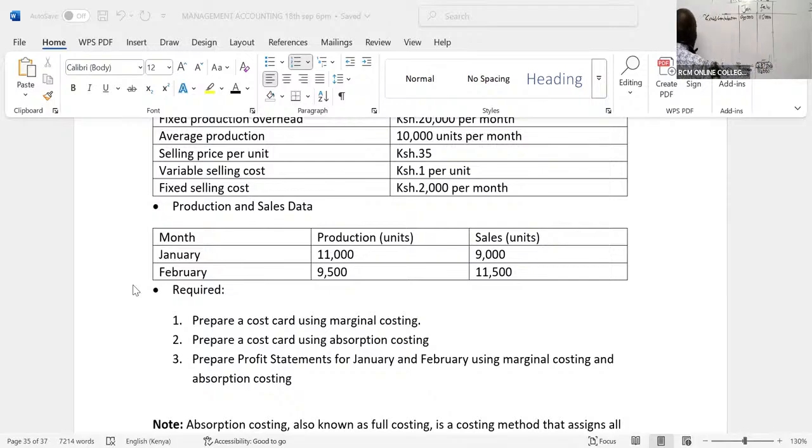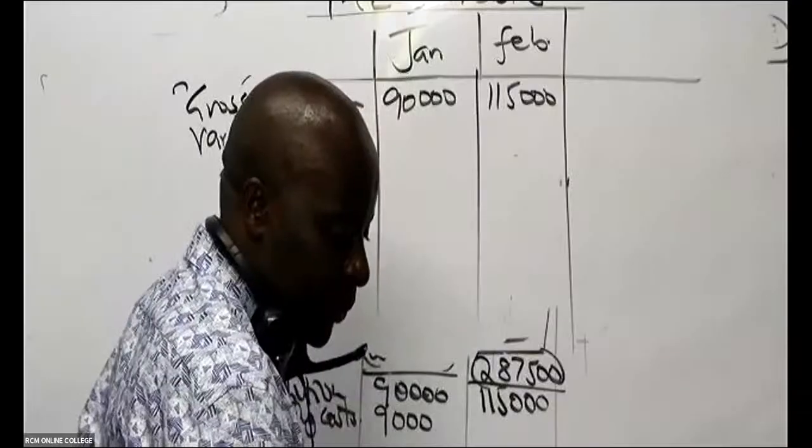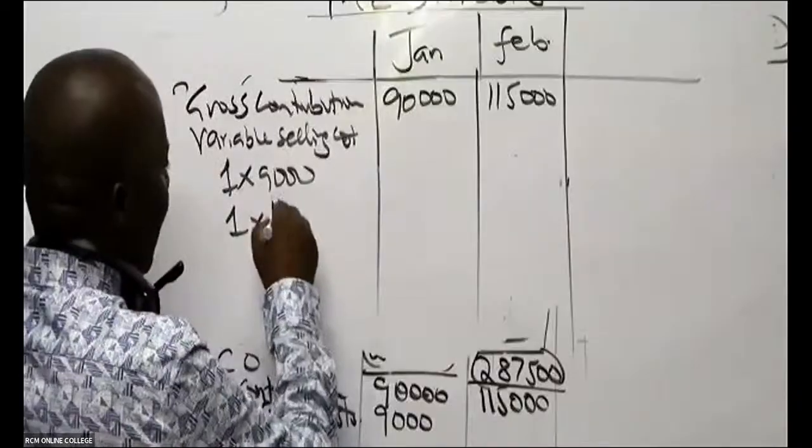And then we come under less the variable selling costs. So January, it will be 1 times 9,000. February, it will be 1 times, how many units do we sell in February? 11,500. Yeah, so we sold 11,500.